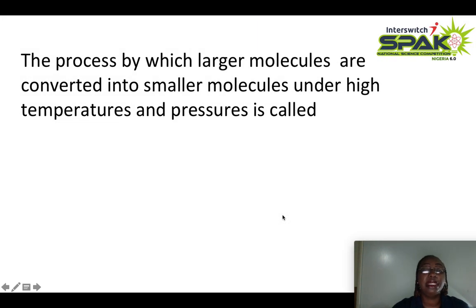The process by which larger molecules are converted into smaller molecules under high temperature and pressure is called, write your answer down, it is subjective, you should be able to get the answer. The answer is cracking. Yes, cracking is when larger molecules are broken down into smaller molecules at high temperature and pressure.